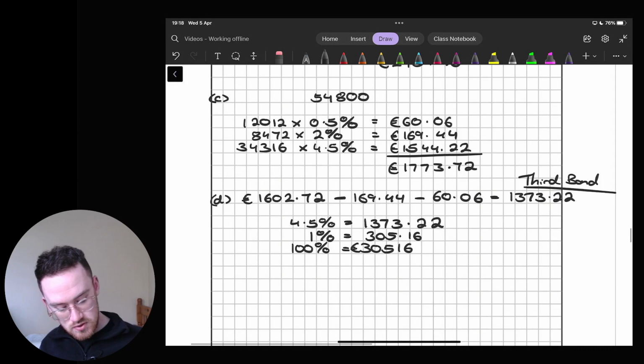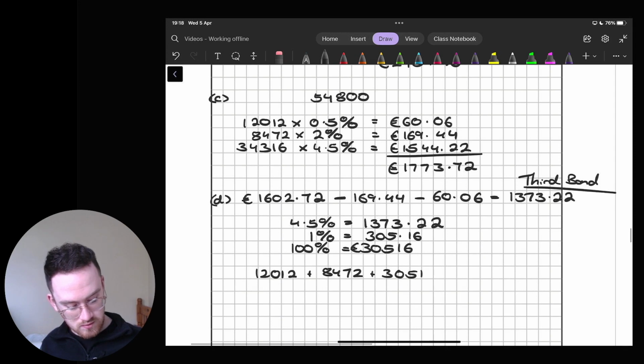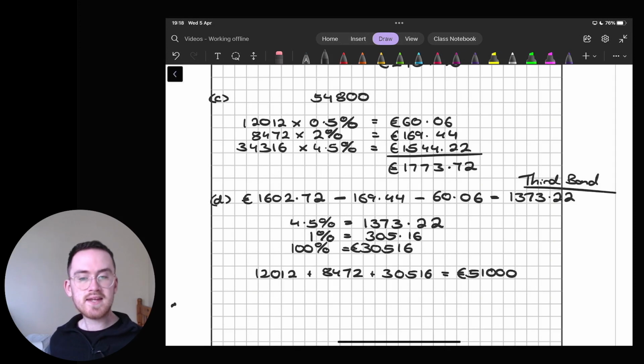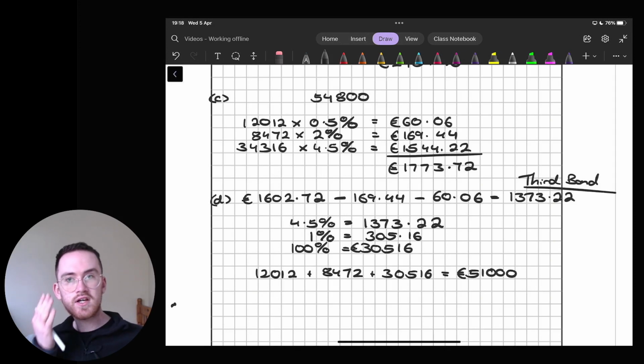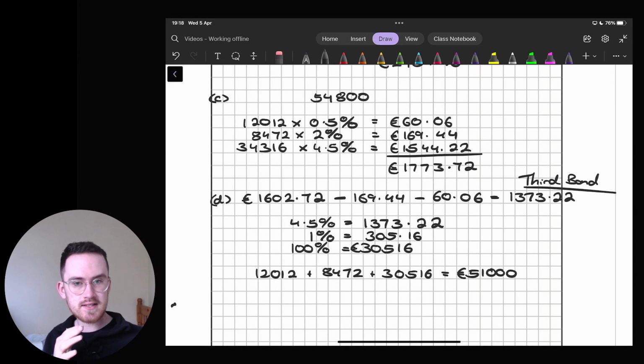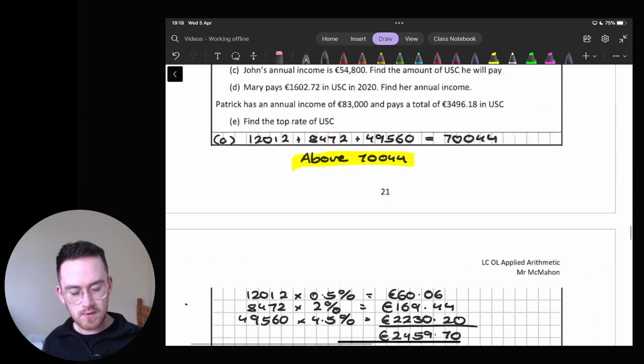So then adding those together, so the 12,012, the 8,472, and the 30,516, we get an answer of 51,000. Okay, so again, that's kind of similar to one that we've seen earlier when we were working out different types of tax that they paid, when we're working out percentages of different things. So it's really setting up these questions can be the hardest part, and working backwards in that way.